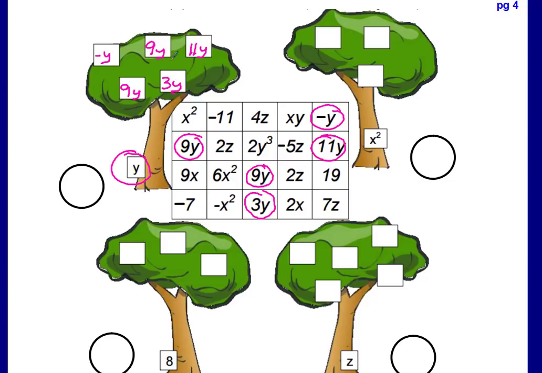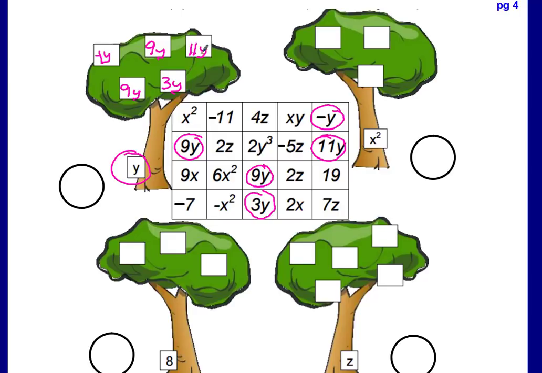Now we have all of the y's that belong on our tree, and we can combine their coefficients. We're going to simplify all of these y's by combining them together. This first one, this negative y, has that invisible 1, so that's a negative 1. Plus 9 makes a positive 8. Plus 3 makes a positive 11.